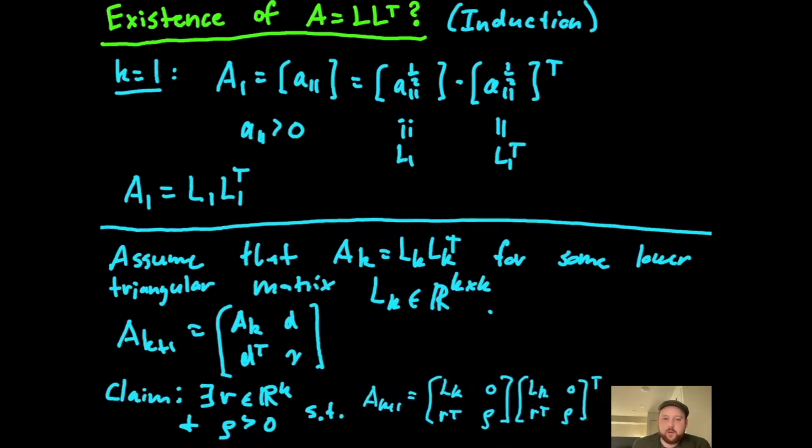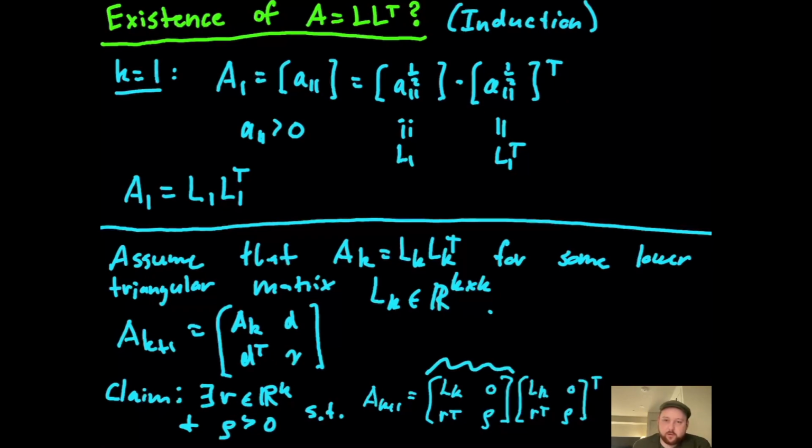Note that if we could prove that for any AK, D, and gamma there always exists such a vector R and a scalar rho greater than 0, then we're done with the inductive proof, right? Because why?